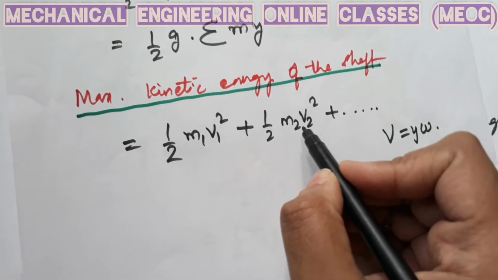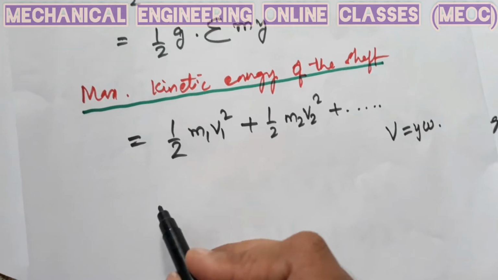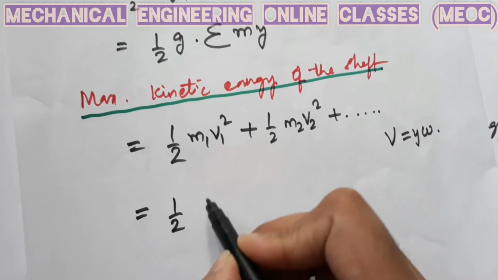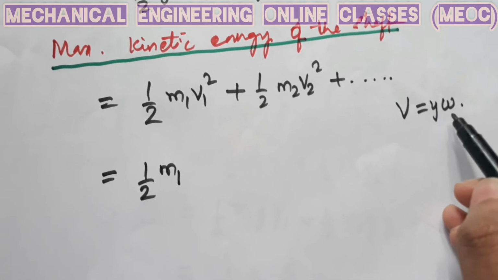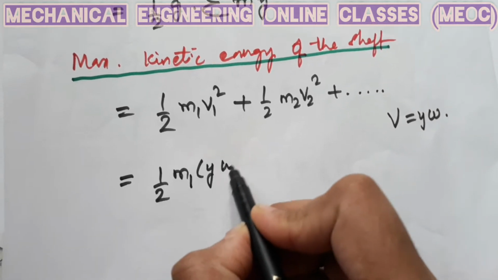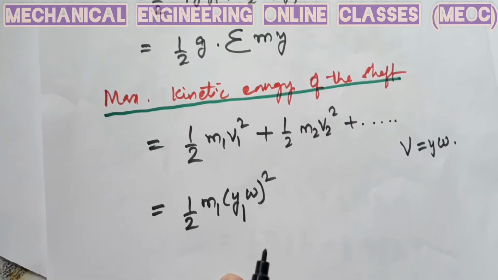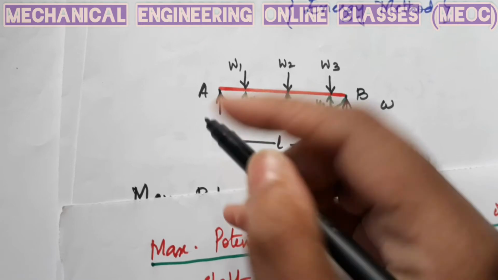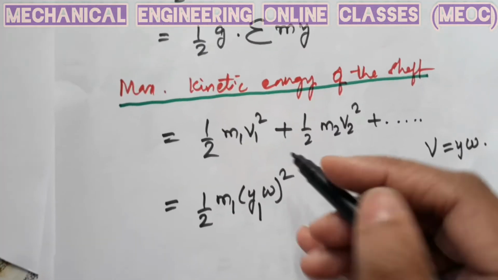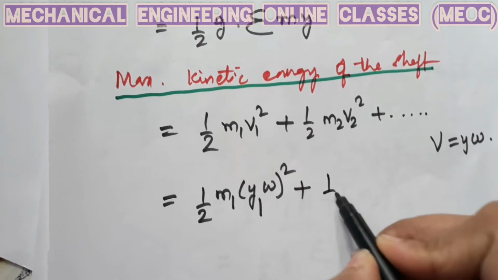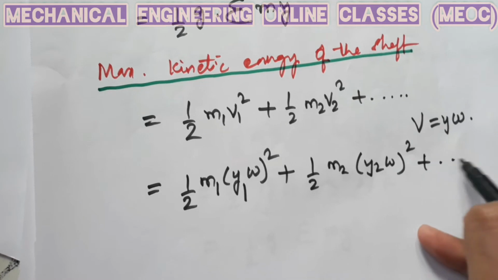For the second point load v2 will be Y2 into omega, because omega is constant for the entire shaft. So this can be written as half M1, in place of v I am writing y omega whole square. For v1 it is y1, because at point load 1 the deflection is y1, at point load 2 the deflection is y2, and so on. The second term is half m2 into y2 omega whole square plus, and so on.